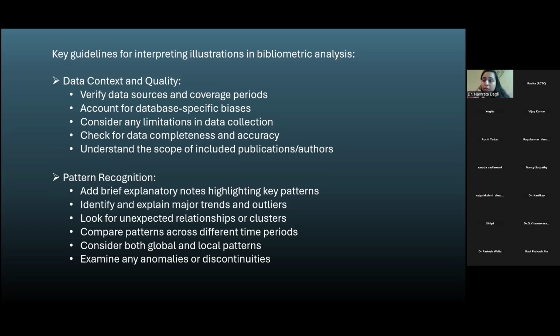We should mention all the database-specific biases and focus on what type of findings you are getting from your data. For example, the findings are from PubMed from the duration 2015 to 2022, like that. You need to mention it clearly.